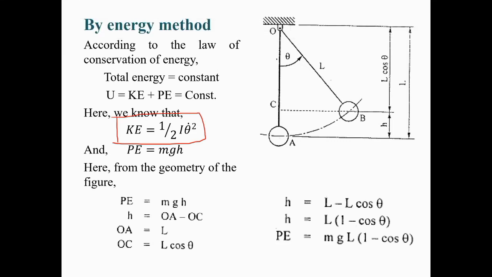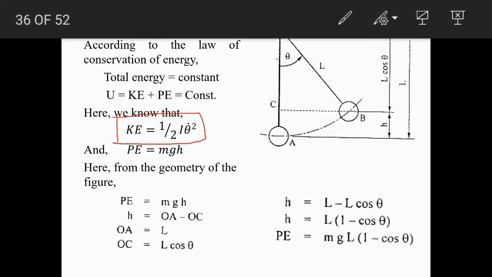Okay, now here the pendulum is not fixed at the fulcrum point O, it is hinged, so it is free to have angular oscillation. So here in this case the stiffness of the pendulum plays no role in the oscillations. So here there is no strain energy, but potential energy is due to gravity.